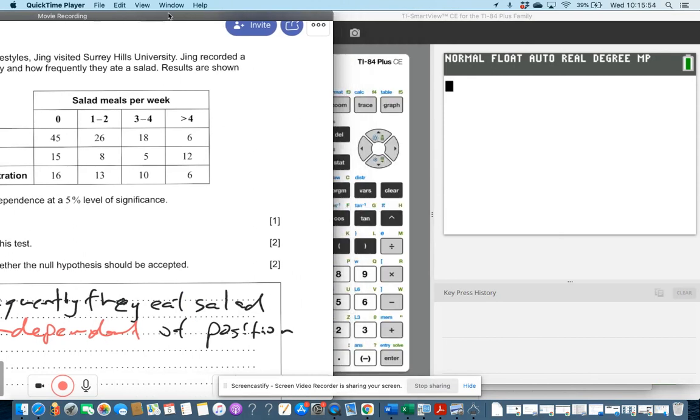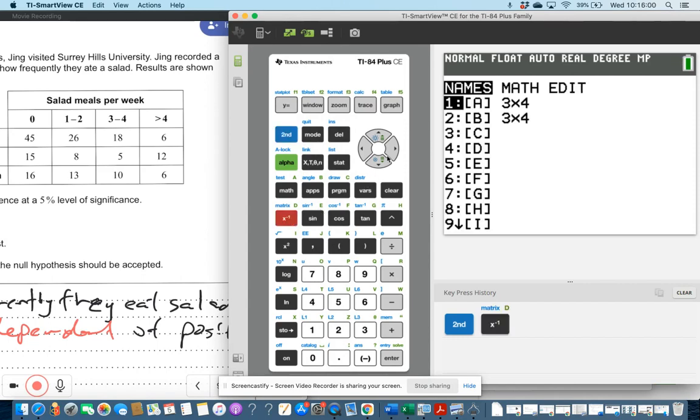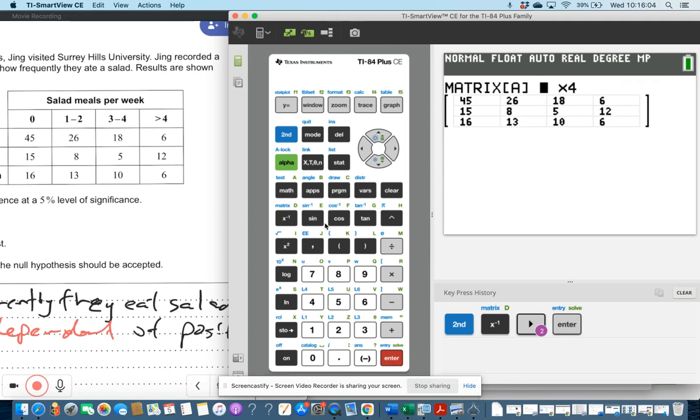I'd like to be able to see the data. So go second, matrix. This is going to be our input matrix, edit. And this is three rows and 4 columns. It looks like I've already put the data in.